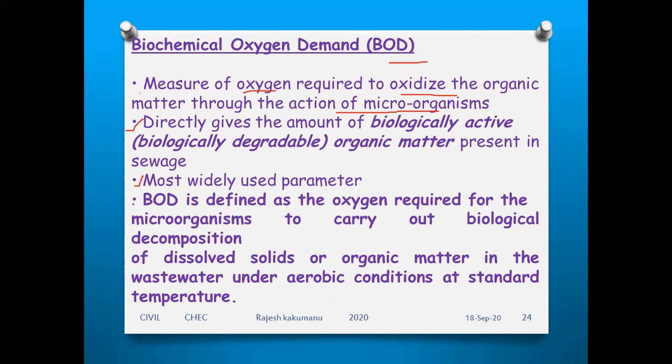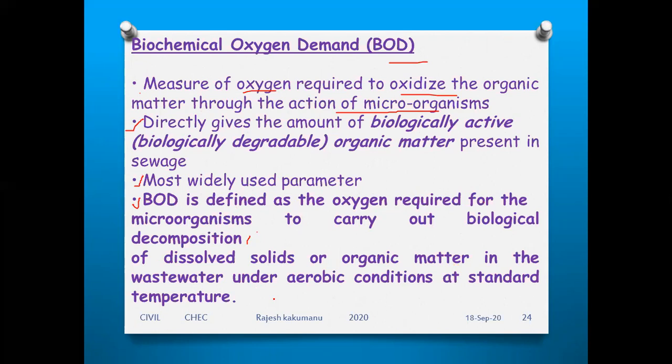Then what is the definition of BOD? It is defined as the oxygen required for the microorganisms to carry out the biological decomposition of dissolved solids or organic matter in the wastewater under aerobic conditions at standard temperature.